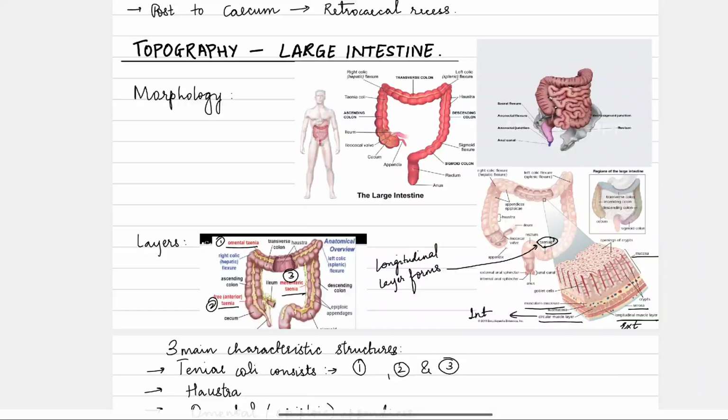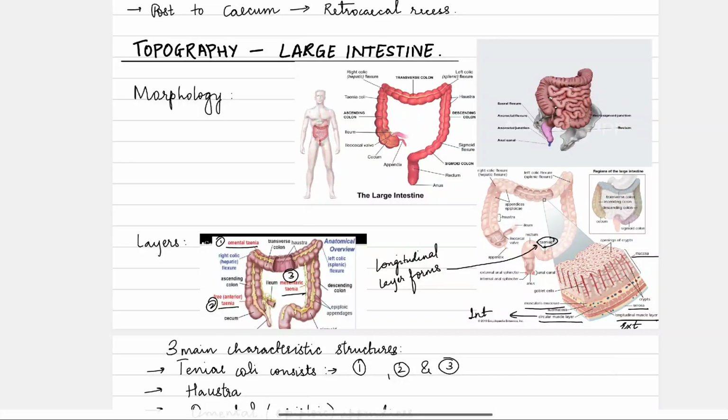Now junctions are ileocecal angle, then there is right colic flexure which is hepatic flexure, left colic which is splenic flexure. Rectosigmoid junction, where rectum and sigmoid are forming there is a rectosigmoid junction.